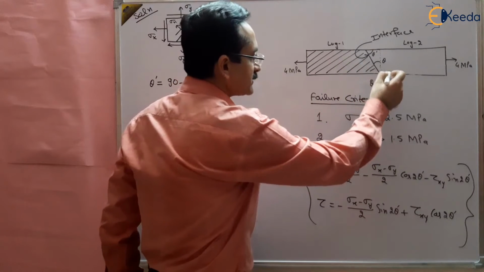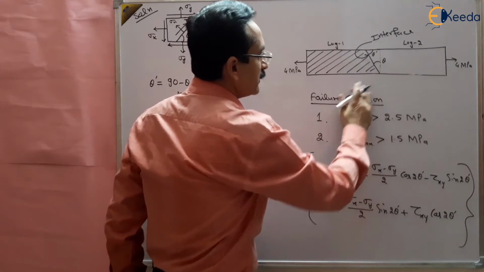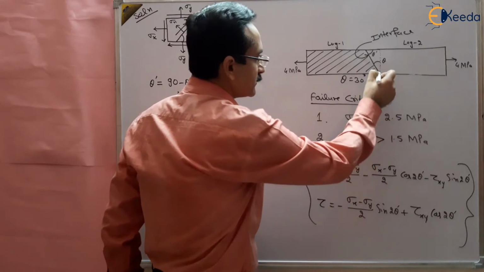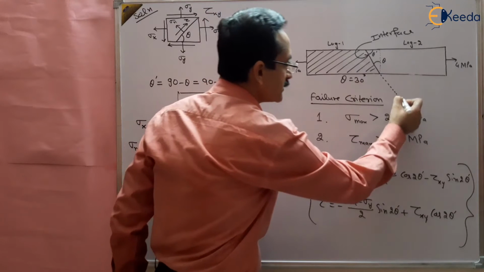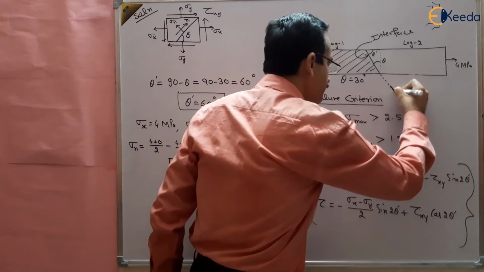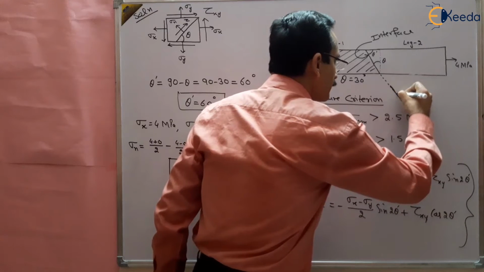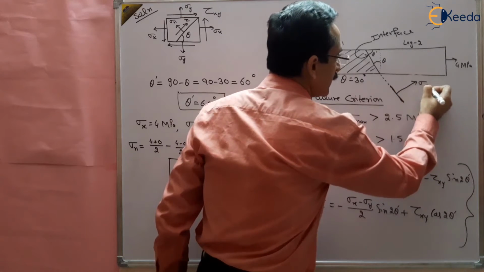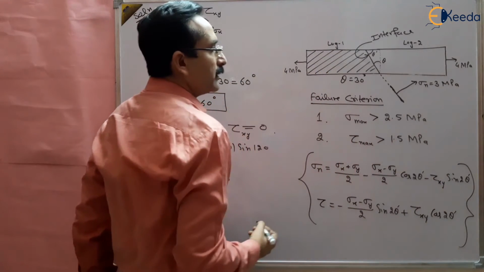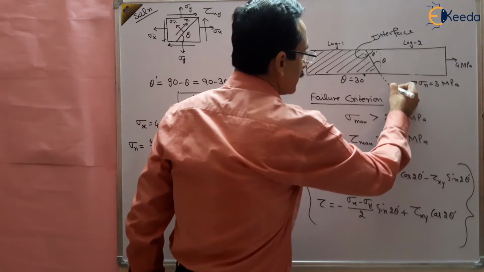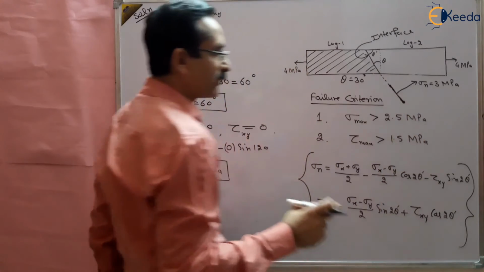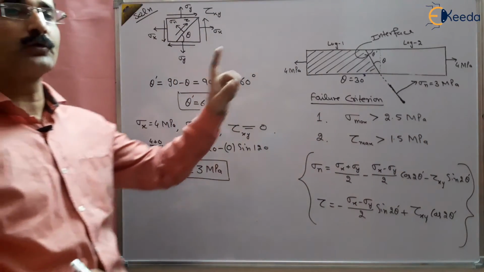So the normal stress at this position where there is an interface is 3 megapascal. It means it fails due to this, because the normal stress should not exceed 2.5 megapascal. So it fails at this position. Suppose this is our interface, and the normal stress here is sigma n, that is 3 megapascal. Because it should not exceed 2.5 megapascal, it fails due to normal stresses.